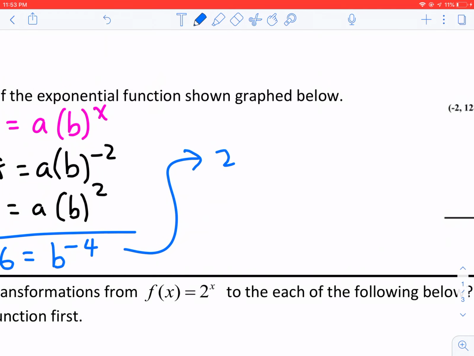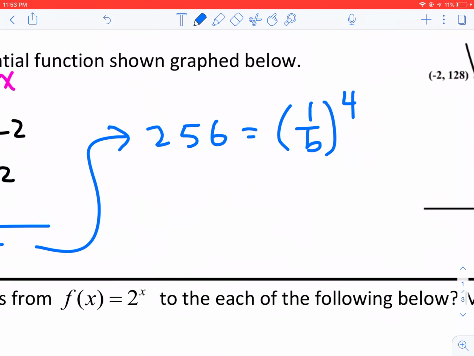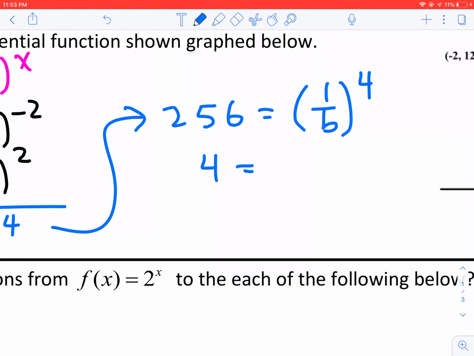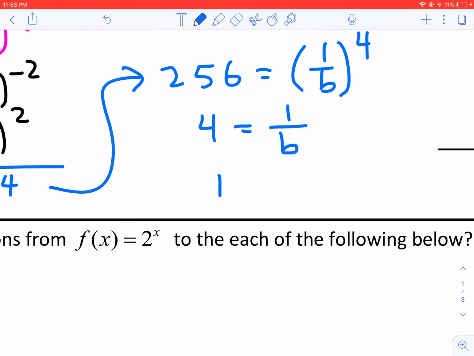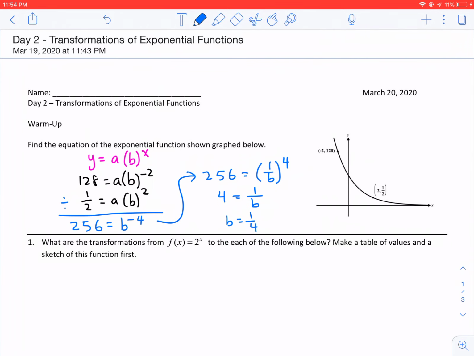And so 256 is equal to, that negative exponent, I can make it 1 over b to the 4th power. If I take the 4th root of 256, I believe that is 4, and that's equal to 1 over b. And solving for b here, b is 1/4. You can multiply both sides by b and divide by 4. We get b as a quarter.